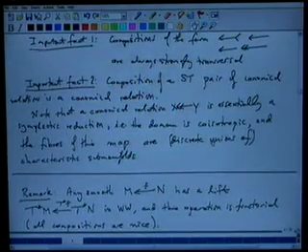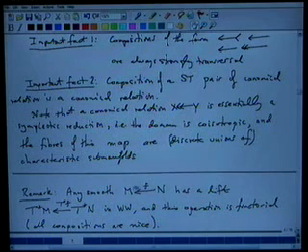Another remark is that if we have a smooth relation between two manifolds, it has a lift, which is essentially the conormal bundle of its graph. It has a lift to a canonical relation between their cotangent bundles.